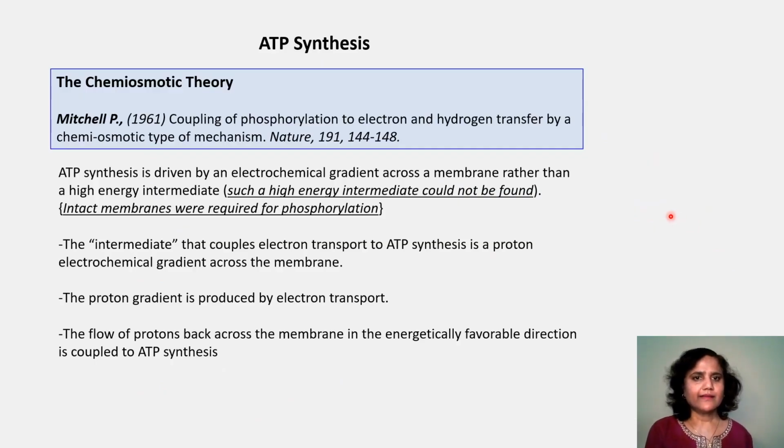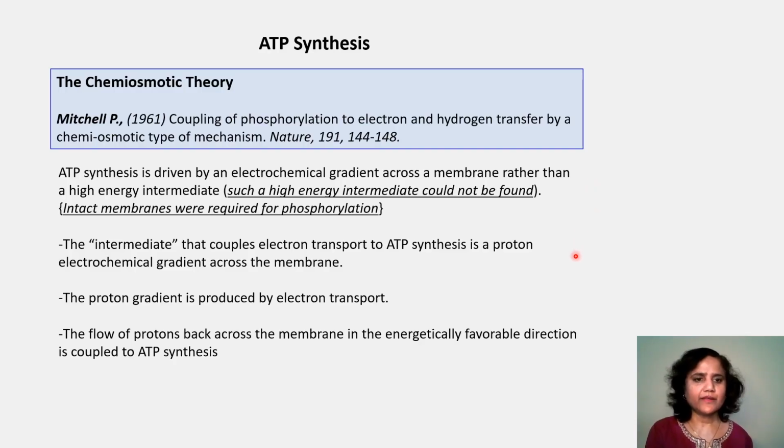To understand ATP synthesis, the chemiosmotic theory was proposed by Peter Mitchell. He proposed that ATP synthesis is driven by an electrochemical gradient across a membrane rather than a high energy intermediate, because such a high energy intermediate could not be found by biochemists at that time. And it was also observed that intact membranes were required for phosphorylation.